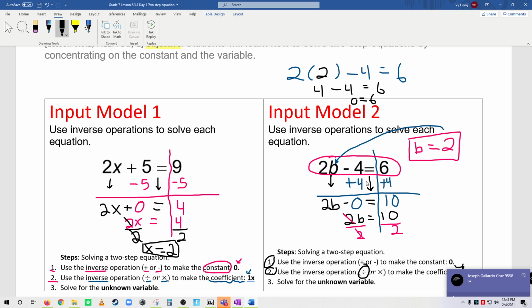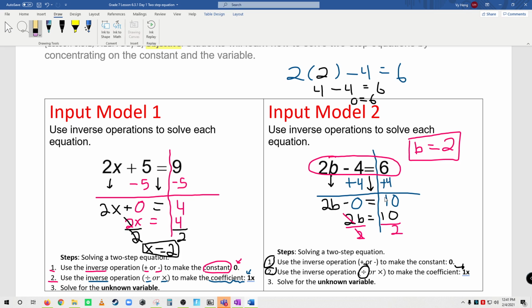So let's go back here and look at what I did wrong. So first of all, let's look at this problem. Let me erase that line. So this is incorrect. First of all, I need to add 4, right? Because I want to make a constant of 0. And then we had to add 4 here. So that equals 0. And then 6 plus the 4 is 10. And then we bring down the 2b. So 2b minus 0 is 2b, right?